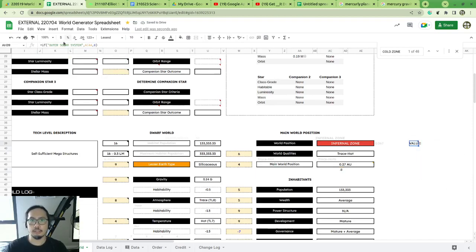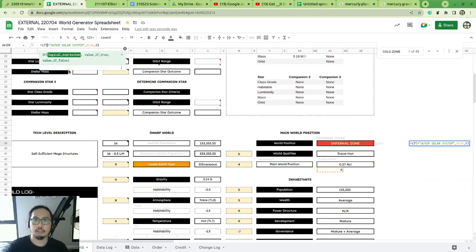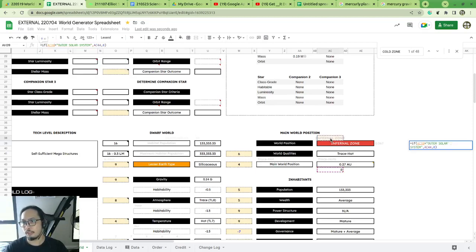If infernal zone equals, so it's not, sorry, not 0, 1.